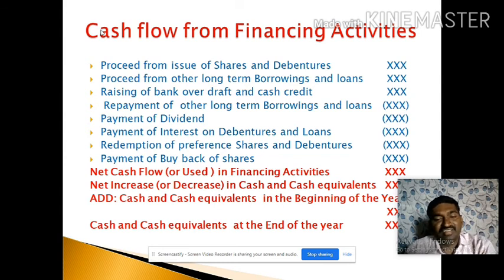Then the final figure is known as cash and cash equivalents at the end of the year. So this is the total theoretical information to find out the cash flow from different types of activities. In the next lecture we will discuss various problems on cash flow statements.